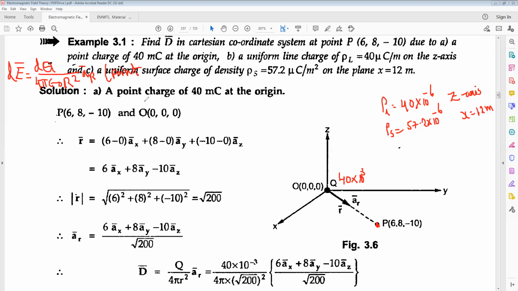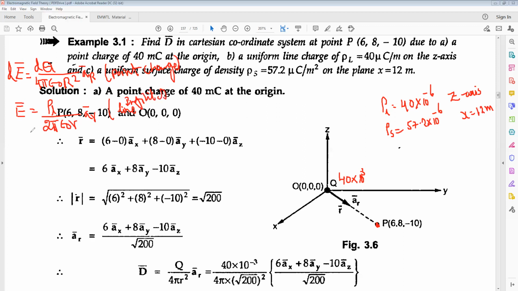Similarly, another E bar is equal to rho L by 2 pi epsilon naught R into AR bar, for the infinite line charge.